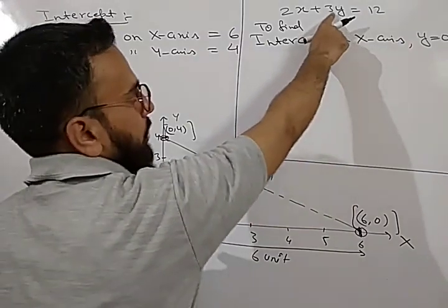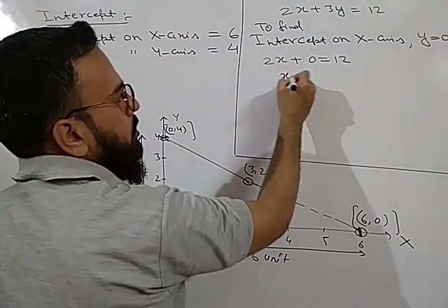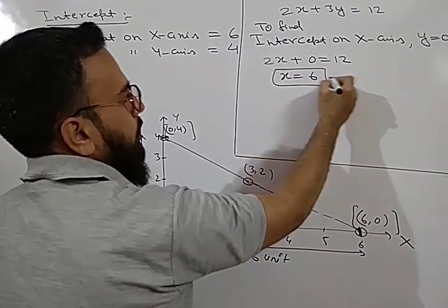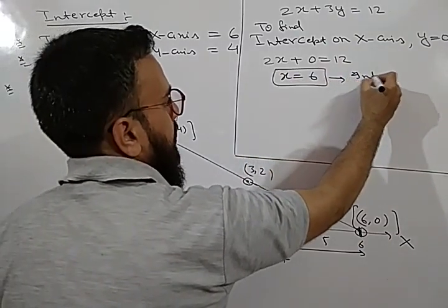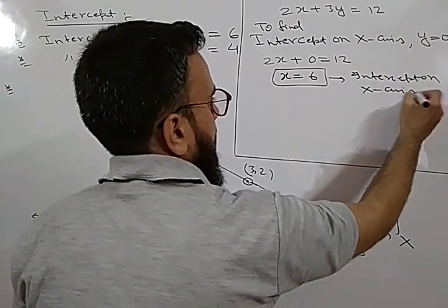So if we put y equal to 0 in this equation, we will get 2x plus 0 equals 12. So x will be equal to 6. And this is the intercept on the x-axis.